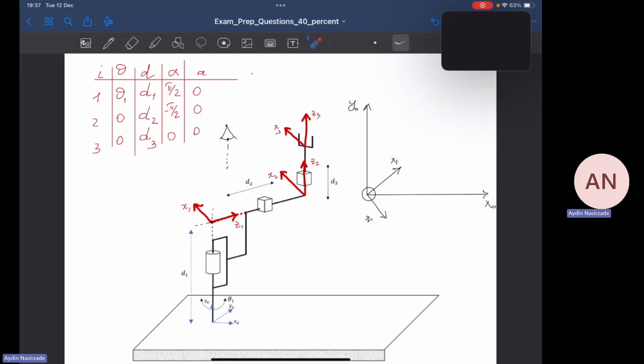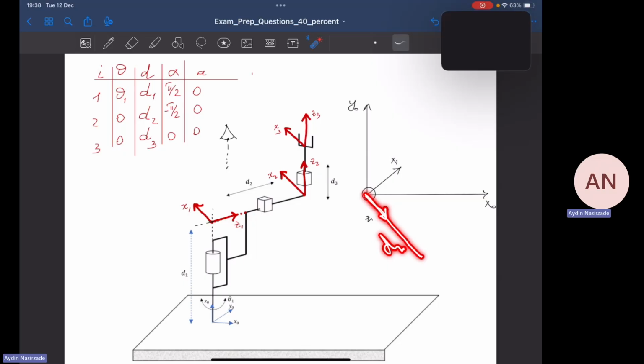Because we made some changes with the angles. If z1 is attached, roughly speaking, to this link, and z1 is rotated, it means that previously this link should have been rotated. So z1 and this length of the link, which is d2, are aligned, on top of each other.